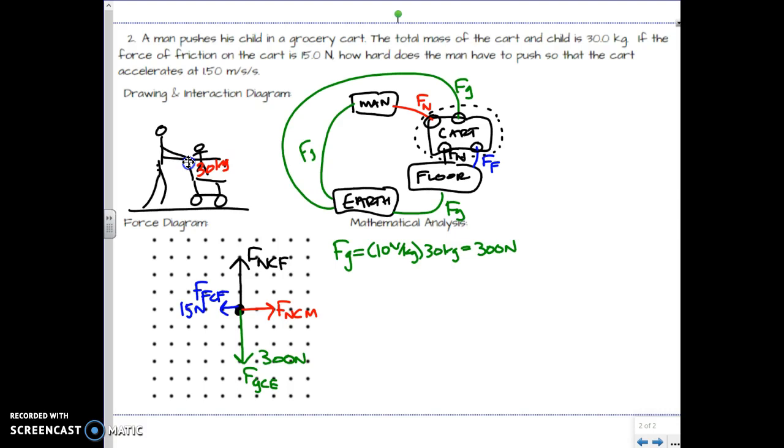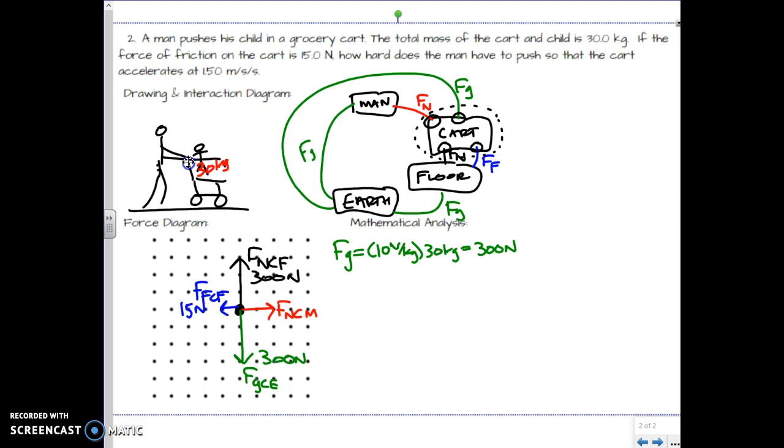Okay? Well, if that's 300 newtons down there, I'm guessing that this is going to be 300 newtons of normal force. That black force is 300 newtons because they must balance each other in order that this cart doesn't accelerate up or down. So now our question is asking me, how hard is the guy to push? That means how big is the red arrow if the acceleration is 1.5 meters per second per second.